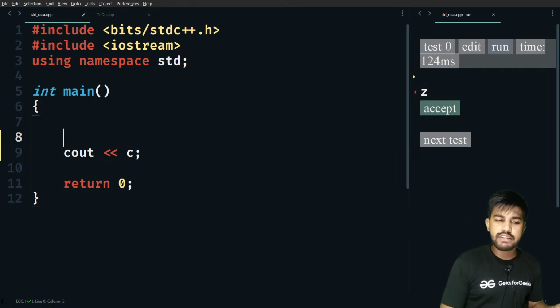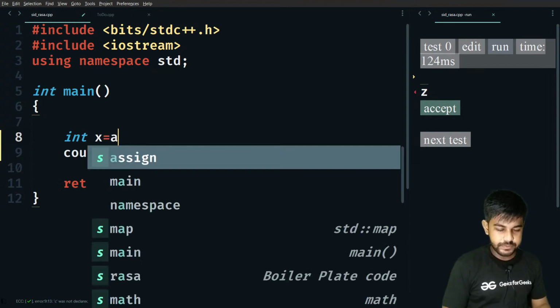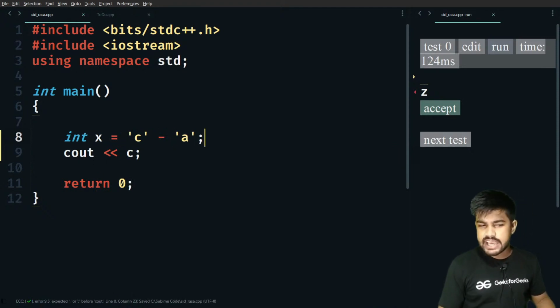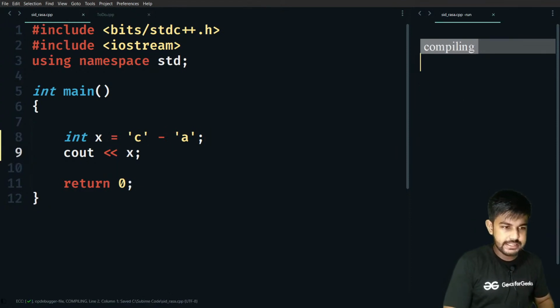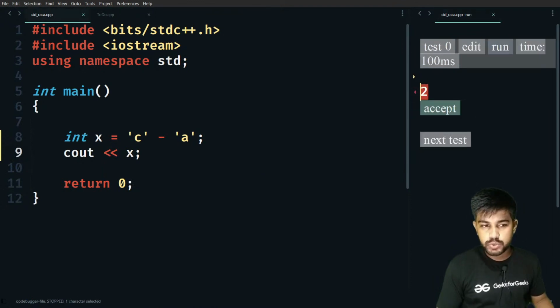Now the next thing we can do is int x is equals to character C minus character A. This can be done, and if we output x, see, the value is 2.